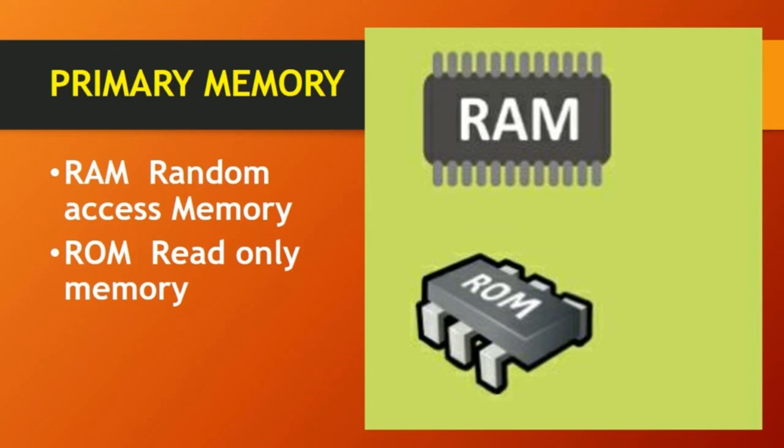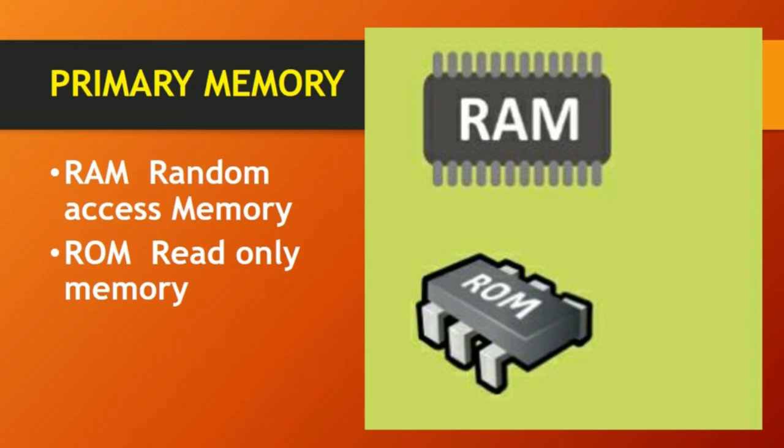Let us see the next one, ROM. As the name suggests, this memory allows only reading, not writing, because the full form is read only memory. We are able to read, but we cannot write anything. This memory retains its content even when the computer is switched off.